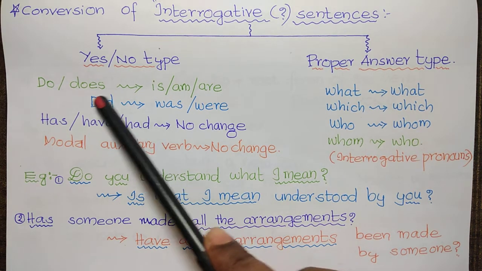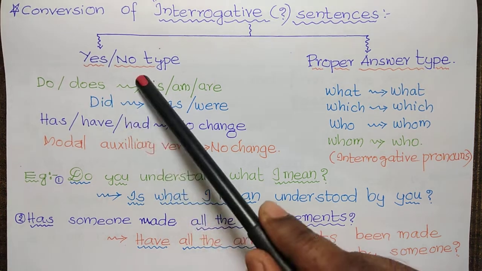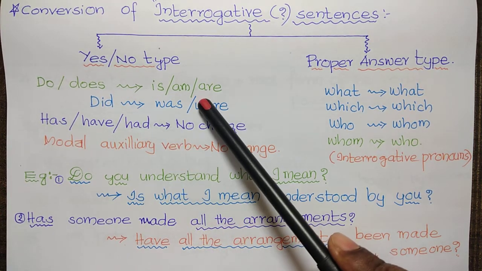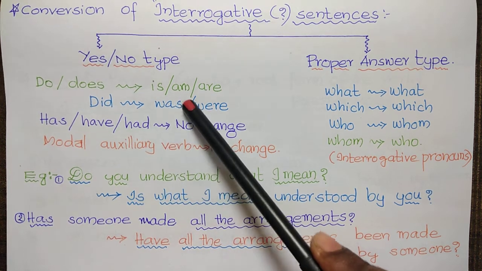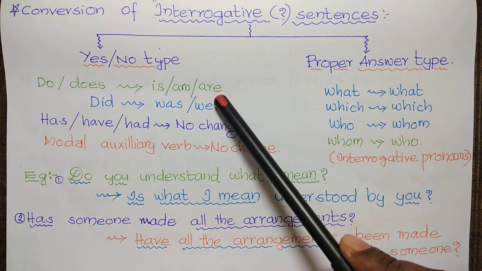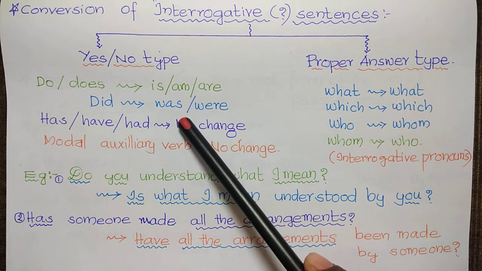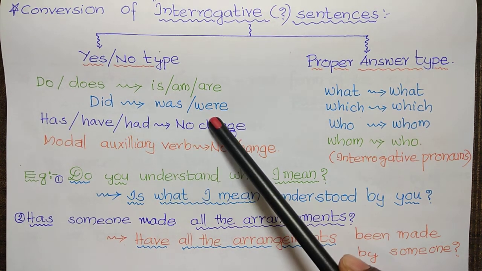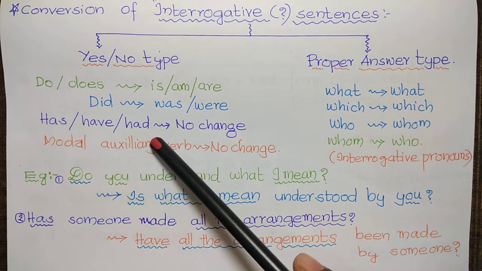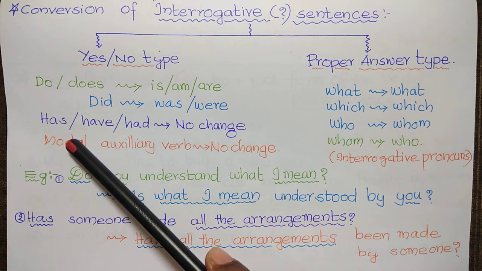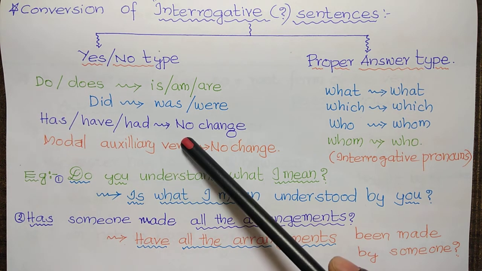When we convert a yes/no type question to passive voice, do or does is changed to is or am or are, and did is changed to was or were. Whereas in the case of the perfect tense, that is has or have or had, there is no change.